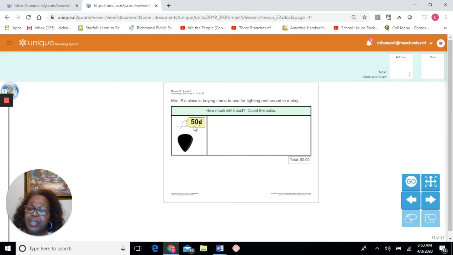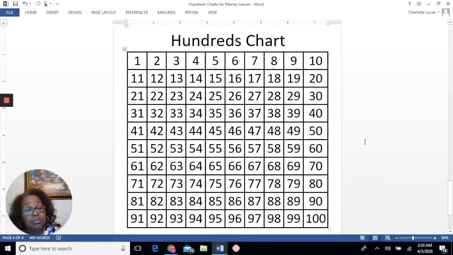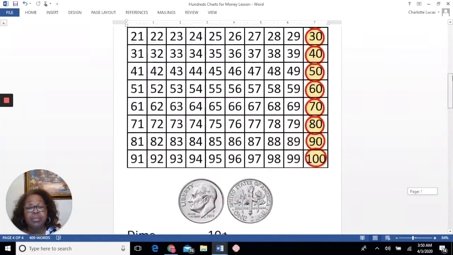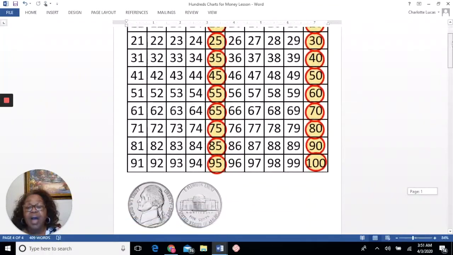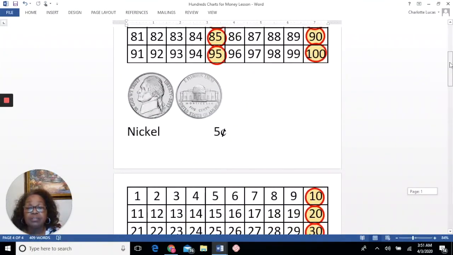Well, we want to count 50, but we don't want to put 50 whole pennies in there. We want to skip and make the value so that we can use fewer coins. So we could use nickels to solve this problem. If we use nickels, we will be skip counting by 5 because a nickel is worth 5 cents.